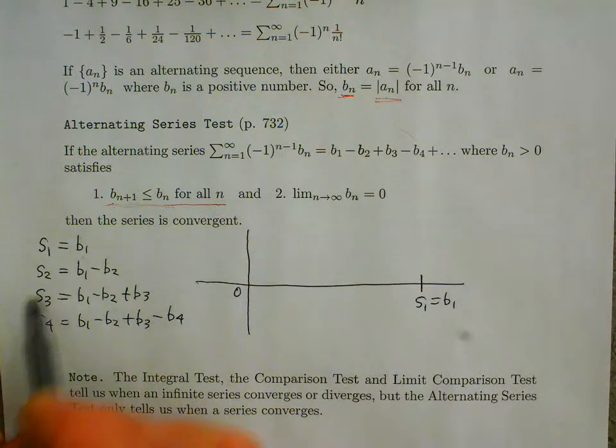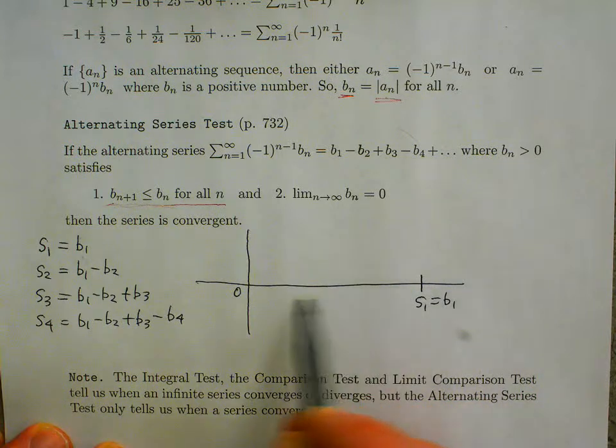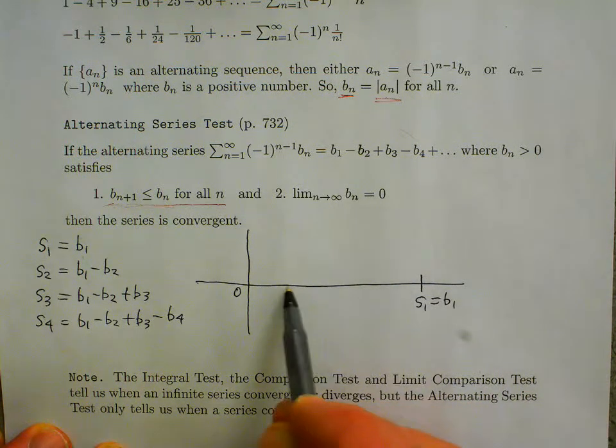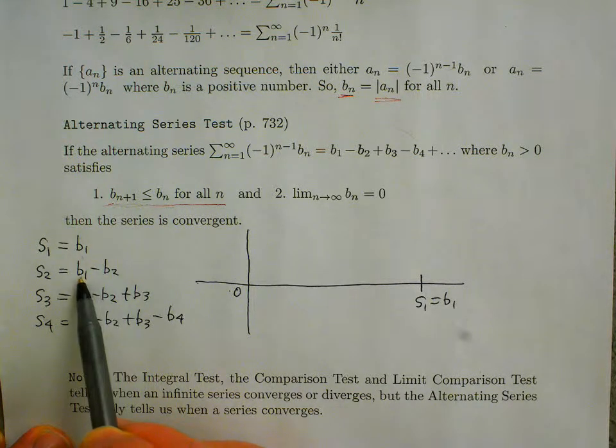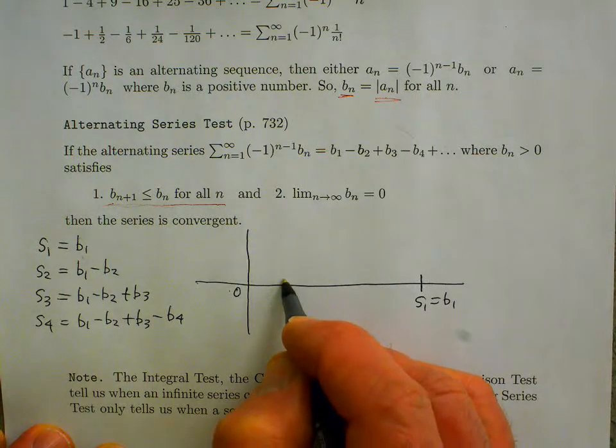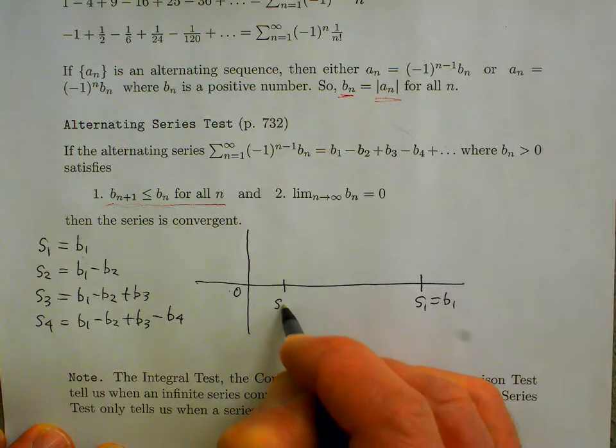So S sub 2 is going to be to the left of S sub 1, but it won't go all the way to 0 because in general we're subtracting a number smaller than the number that we're subtracting it from. So over here we'll be at S sub 2.